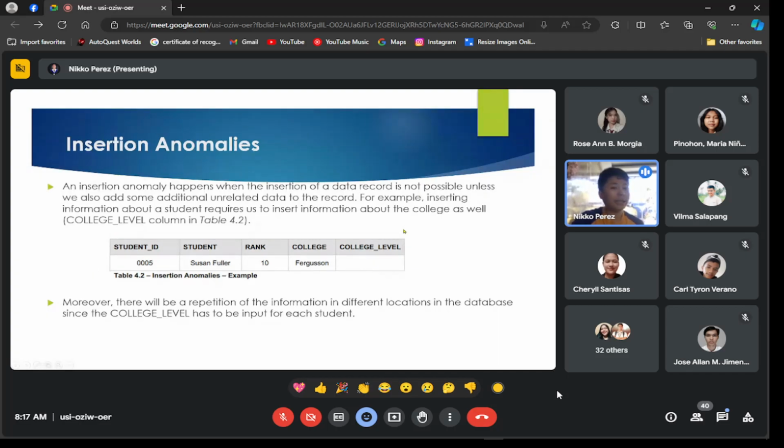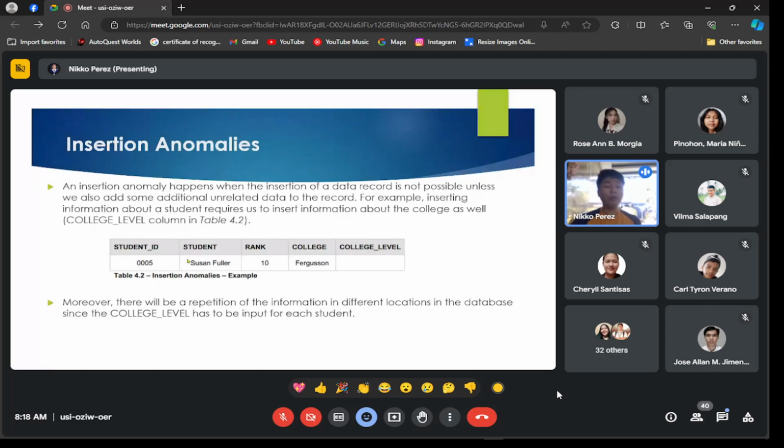As mentioned in the insertion anomalies, you have to provide entirely additional data in which you are not aware of what to input. Let's say, for instance, student and the college, since this is a merged table, it is one table for both student and college. So if you will be inputting your data as a student, that would be very easy for you because that is your personal data, right?